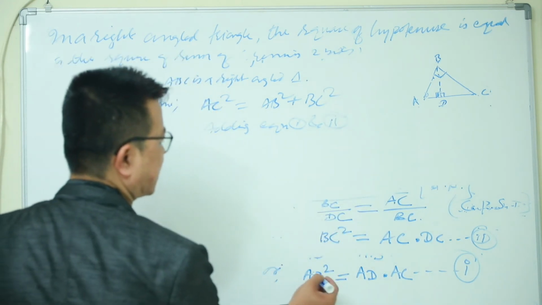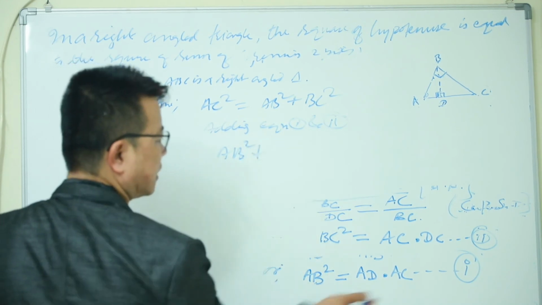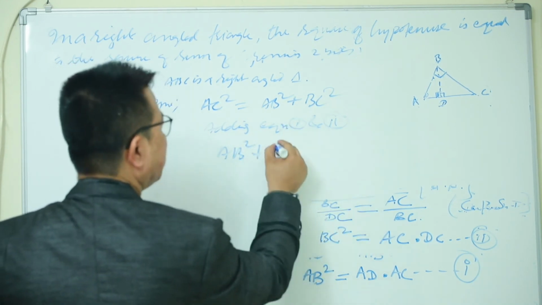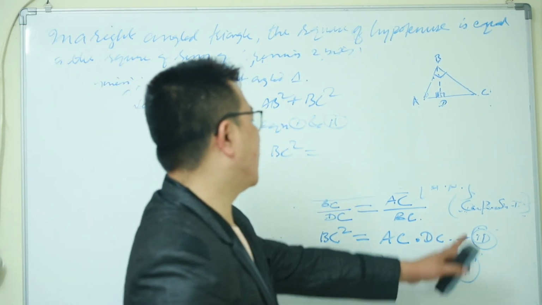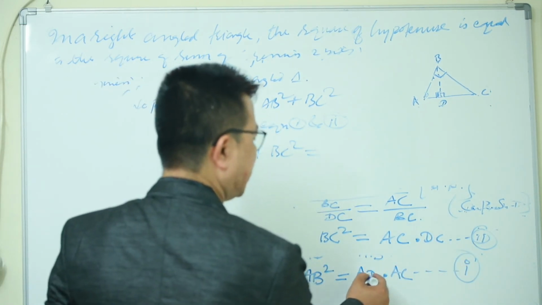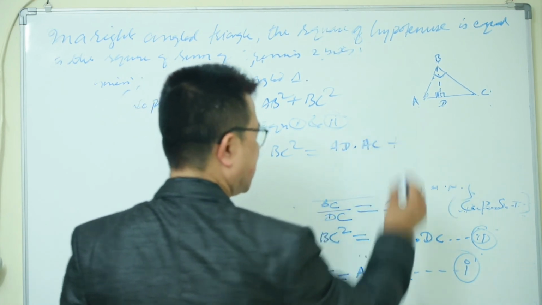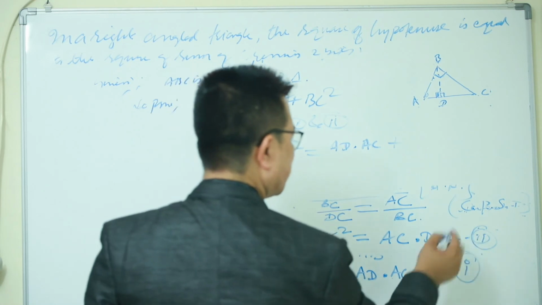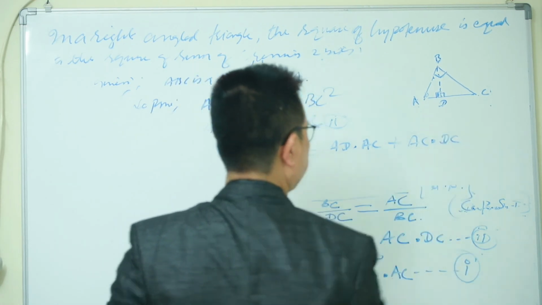On the left hand side, equation 1, AB square plus, and from equation 2, BC square is equal to, on the right, AD into AC plus AC into BC... AC dot DC.